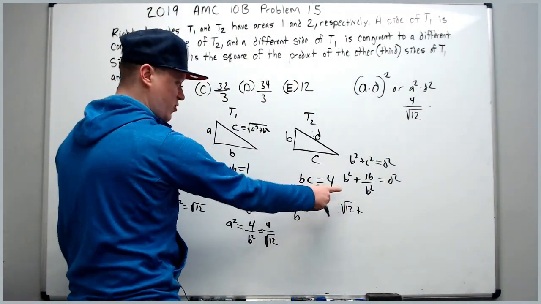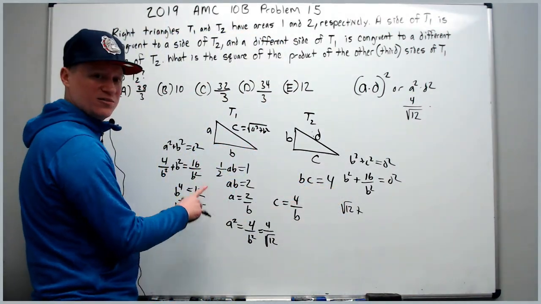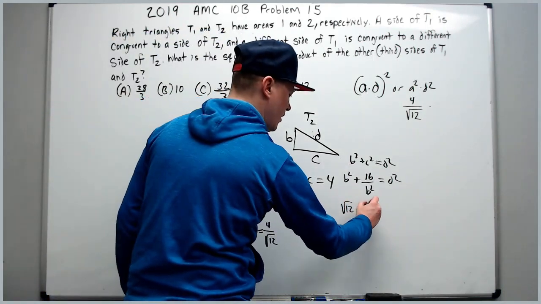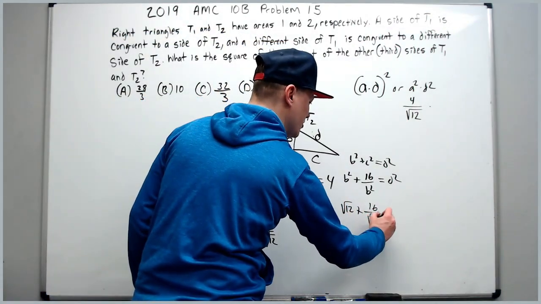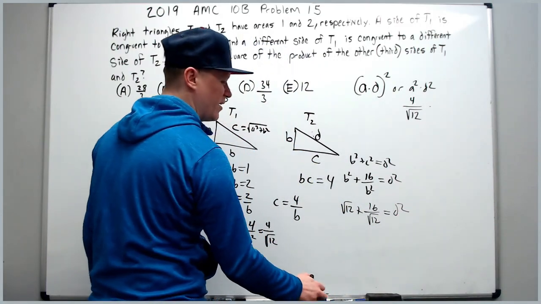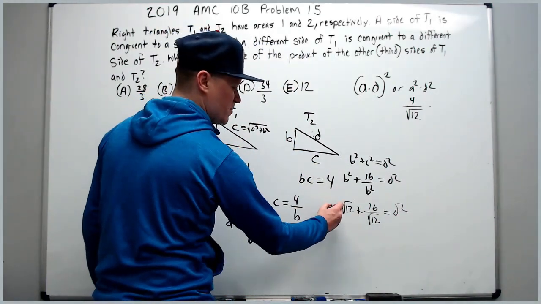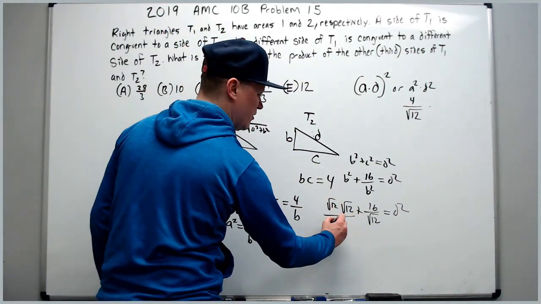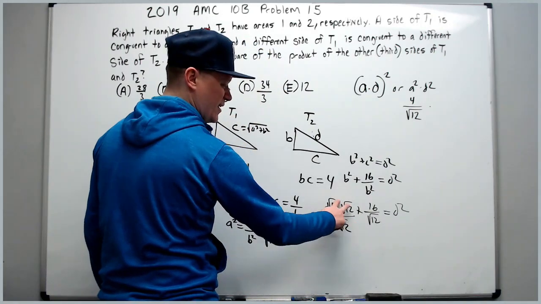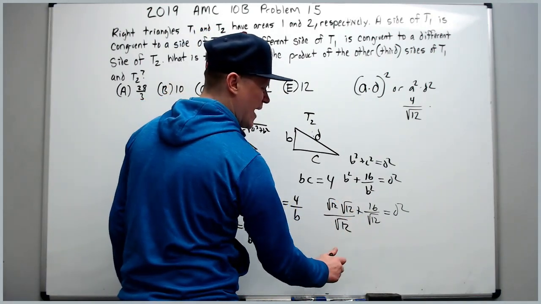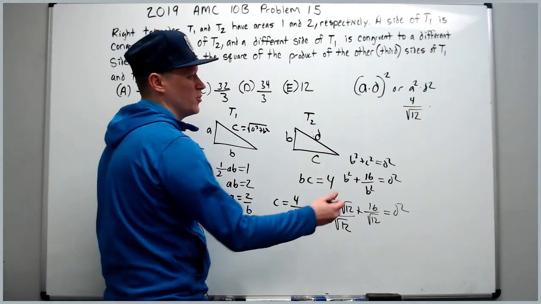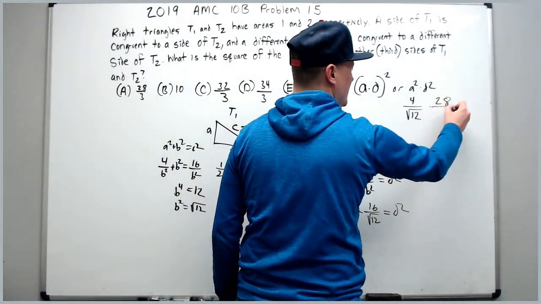Don't accidentally square it. It's B squared that's root 12, not B. So root 12 plus 16 over root 12 equals D squared. To make this one nice fraction, let's multiply this one by root 12 over root 12. That's going to give us 12 over root 12, which adds to 28 over root 12. We simply put that over here.